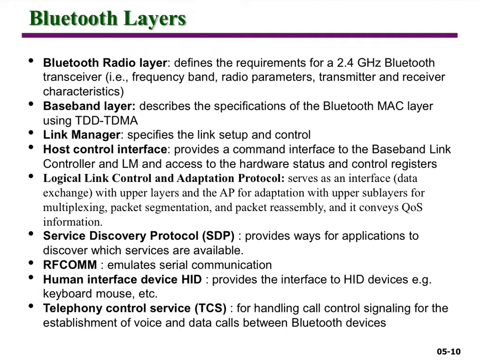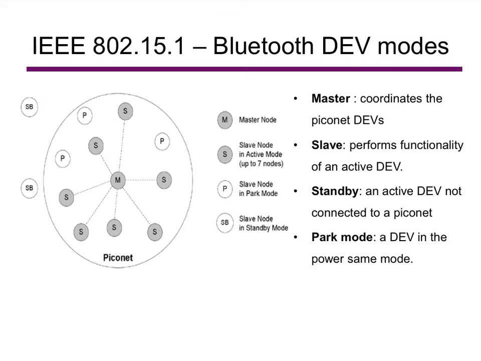Okay, so that's the high-level description of the function of each layer. Now we can dig into each of these layers to understand how they work in more detail. As we said before, a piconet is composed of one master and up to 7 slaves.